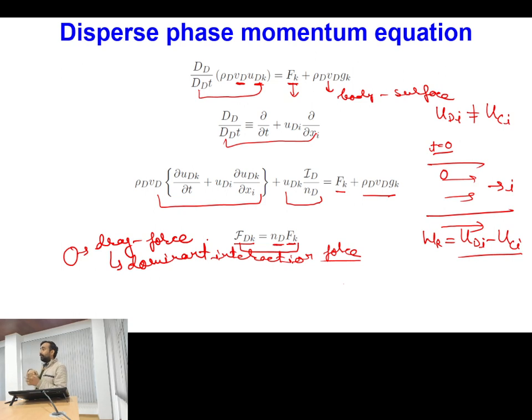When both of these forces balance each other, we find one equilibrium state existing for the particle velocity. Is this clear? So if your drag force and inertia force balance, you can understand it in a very simple sense.